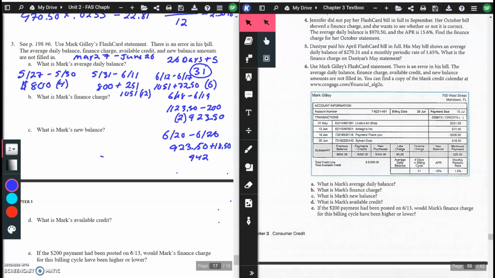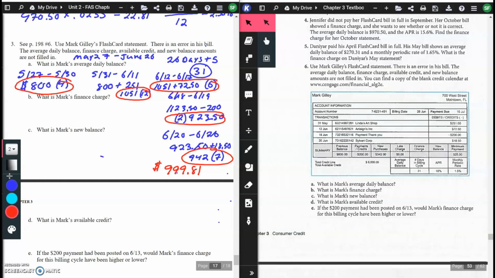And we had 942 times 7. Okay. Multiply all those numbers out, and divide it by 31 days, which we figured out up at the top, gives you a number of $999.81.